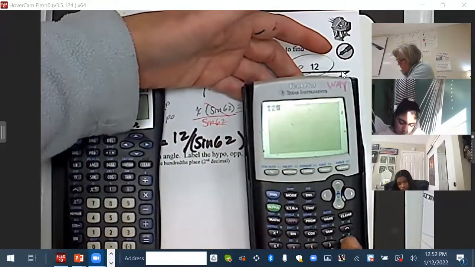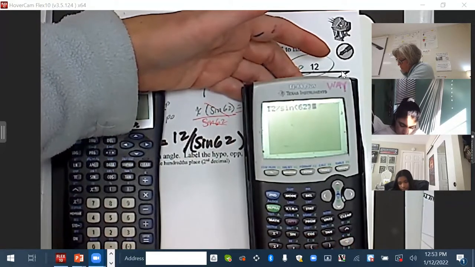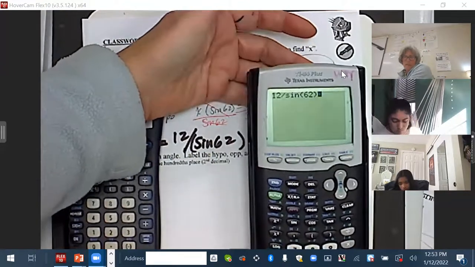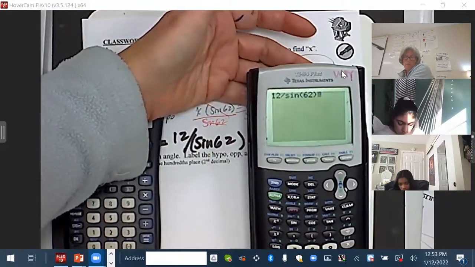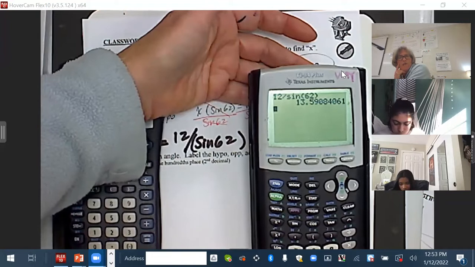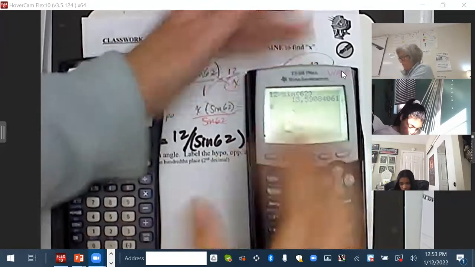You hit 12 divided by sine 62. Does your calculator look like that? Yeah. Good. Enter. You should be getting 13.59. Yeah. Okay, you're good.